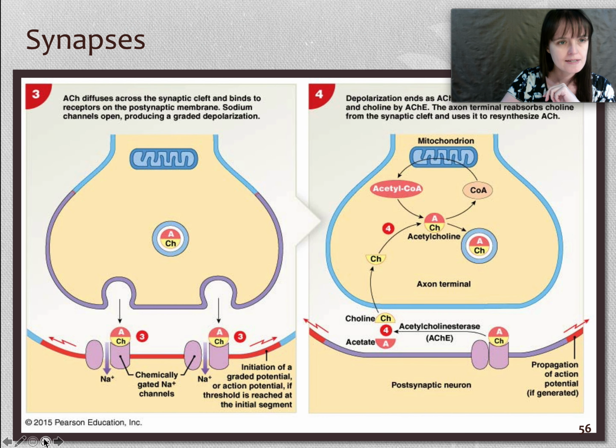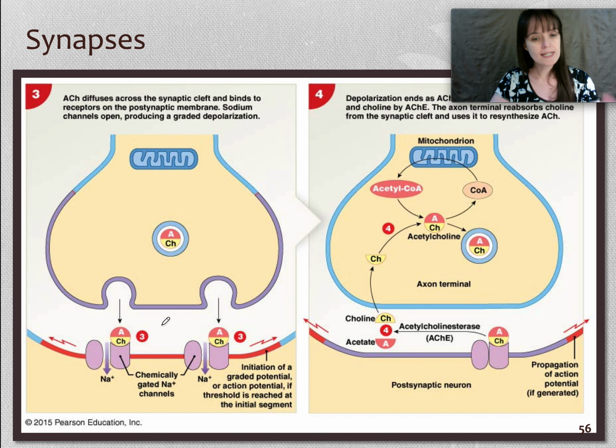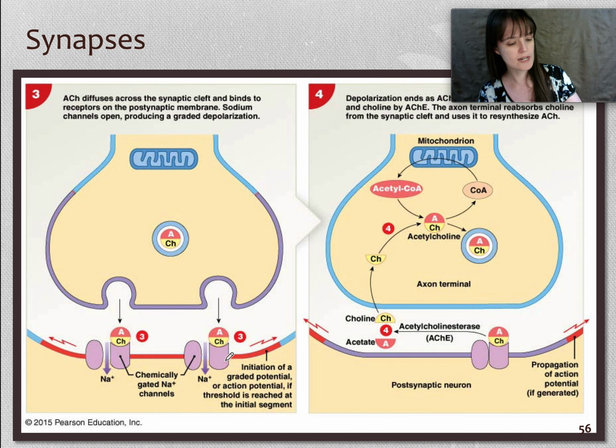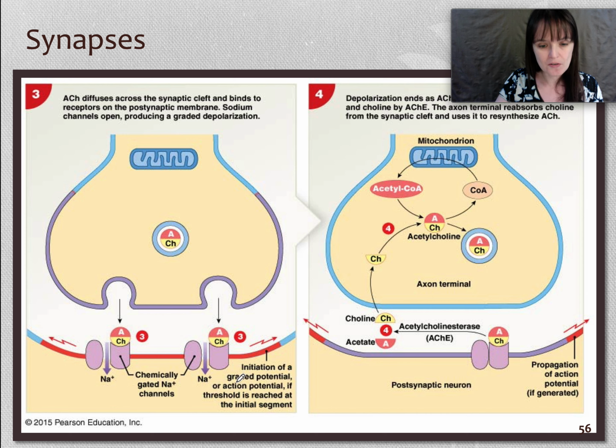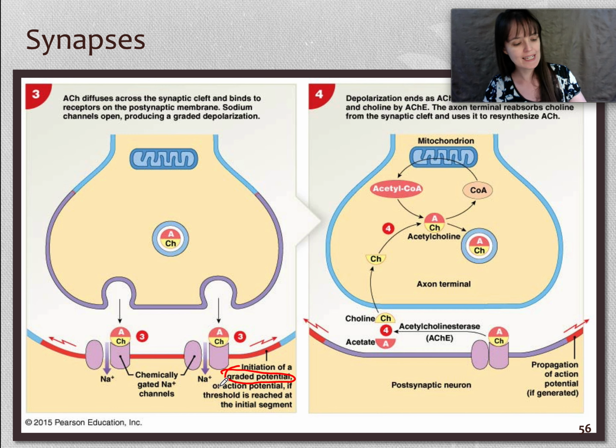Change our slide and talk about number three. Number three, the acetylcholine binds to the acetylcholine receptors on the postsynaptic membrane. And that depolarizes the postsynaptic membrane, assuming we're talking about chemically gated sodium ion channels. And this causes a graded potential in the postsynaptic cell.